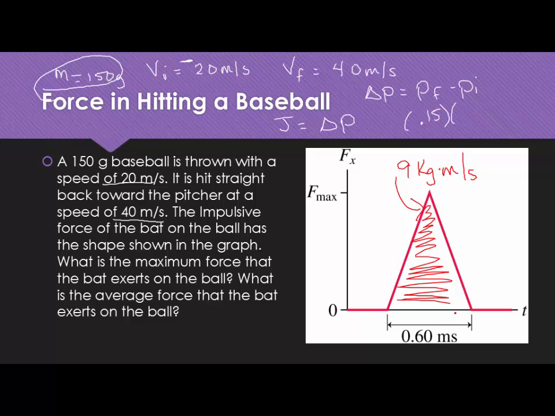And I know my base. I just need to find my height. So the impulse is 1/2 times the base, 0.6 milliseconds, which is 0.00006... 1, 2, 3. Oh, whoops. 0.00060 seconds, times height, and that equals 9.